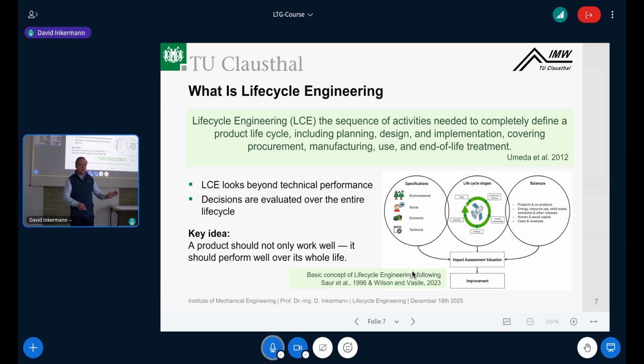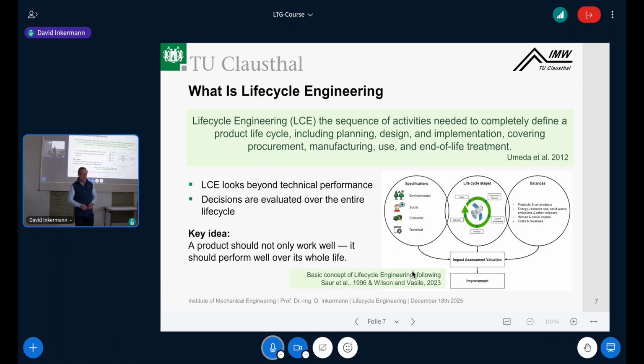You can see here, again, there are different specifications with regard to environment, also social aspects, which become more relevant over time, and for sure also economic and technical ones. And on the one hand, it is about balancing these different perspectives, but based on the understanding of the life cycle and the life cycle stages. And that is a core idea that we follow in life cycle engineering.